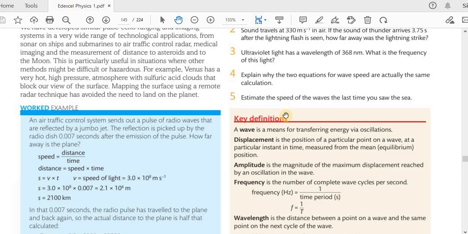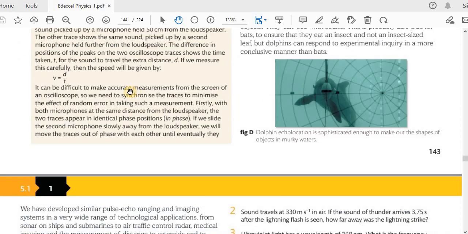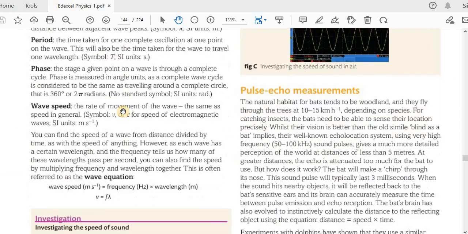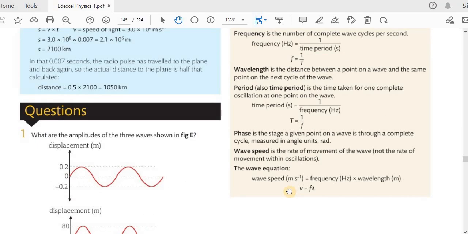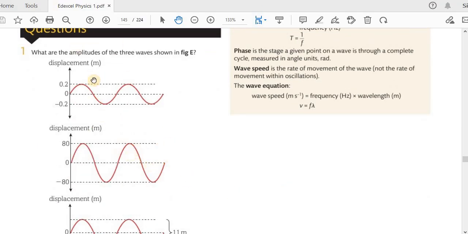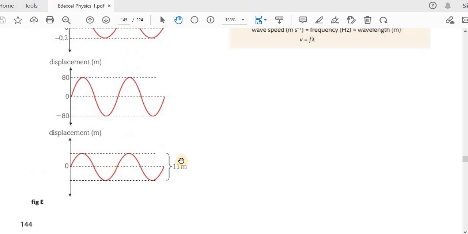That's why it's better to memorize the definition with understanding, because sometimes if you try to write it in your own words, you might miss certain key points where the marks are awarded for those points. So you can have a complete definition. Now even over here you have a more detailed definition, and these are very important to ensure that you have understood the content. In other words, for consolidation you can do these questions as well.